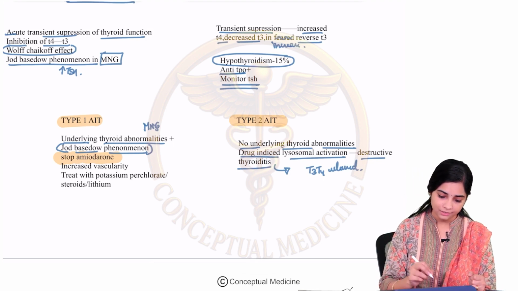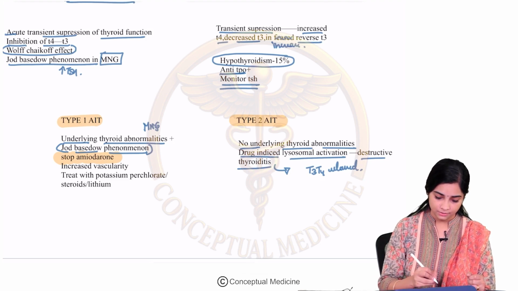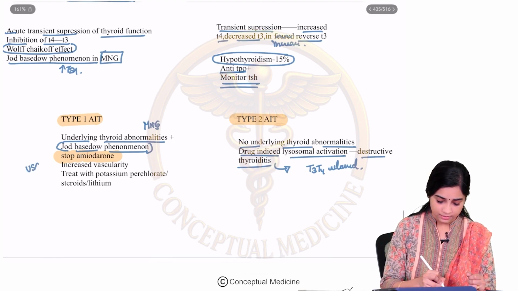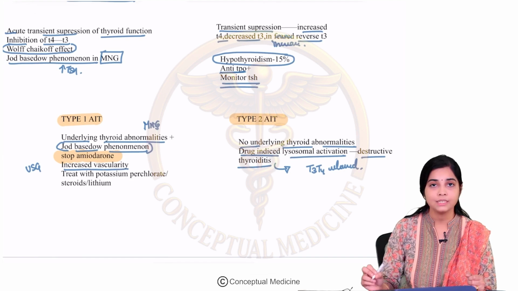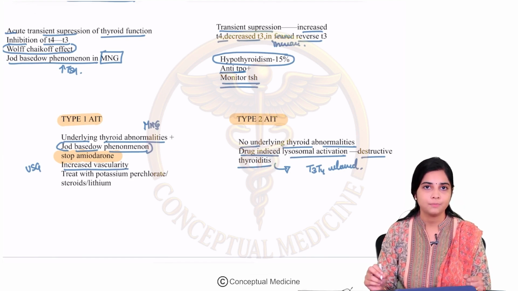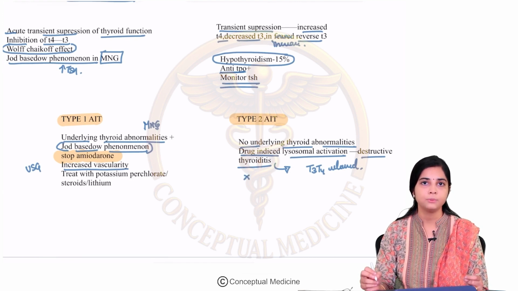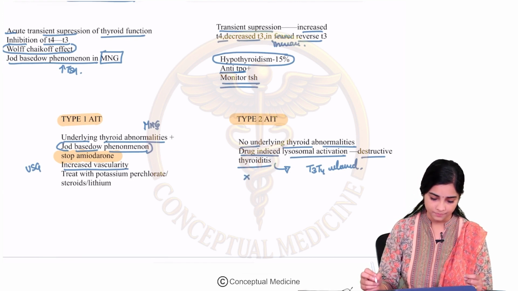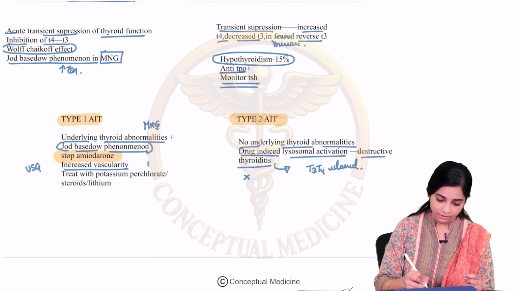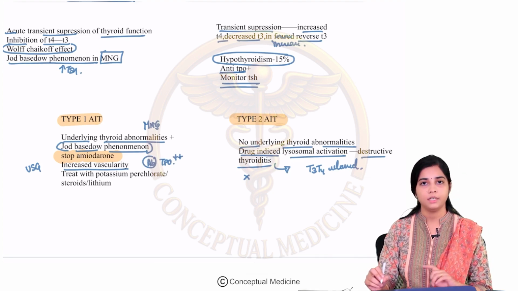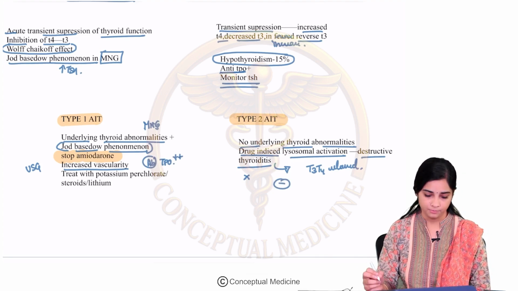How do you identify type 1 amiodarone-induced thyroiditis? On ultrasound, it shows increased vascularity, which is not there in type 2. If you check antibodies like anti-TPO or TRAb, they can be positive in type 1. It is not positive in type 2.